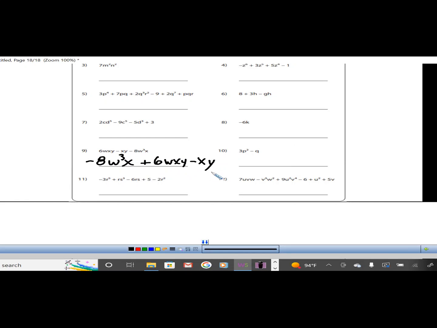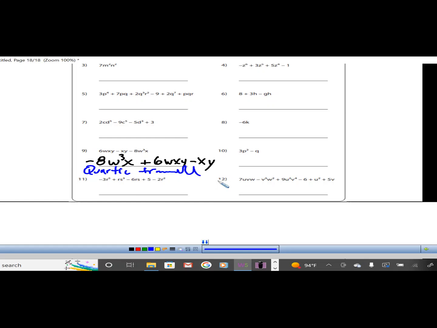Hands if you got that. Looks about right. Pass it to someone so that they can give me the classification, the name of it. Alyssa, what'd you get? Quartic trinomial. Hands if you got that. That is correct. Let's go.